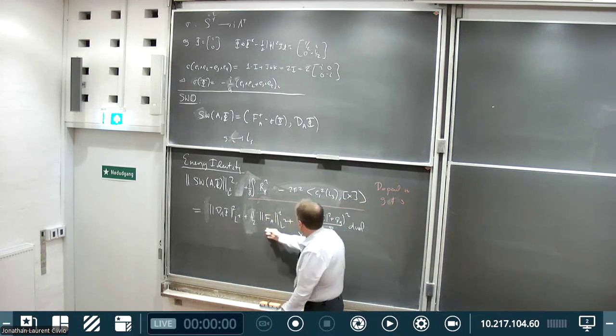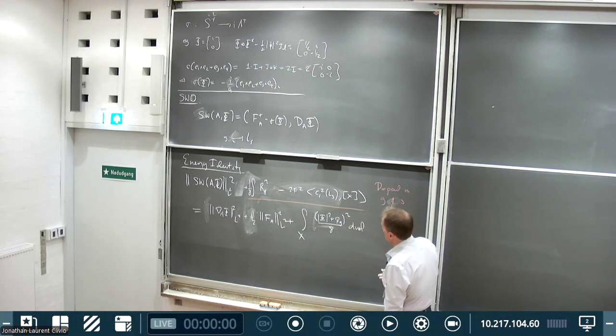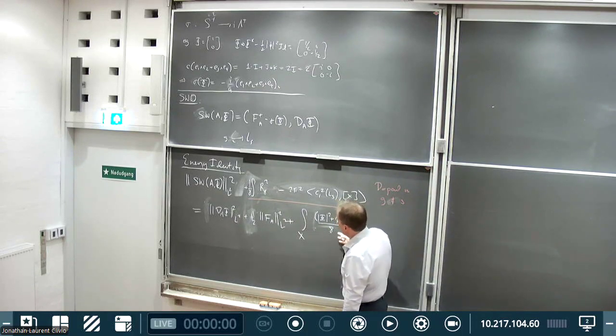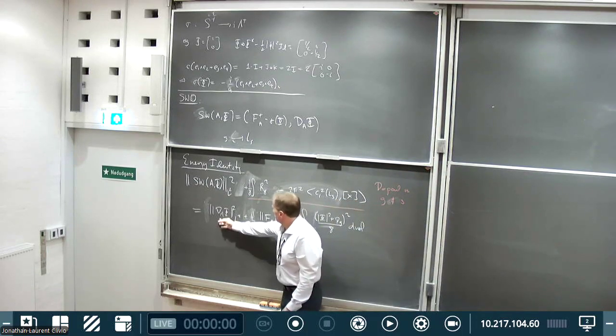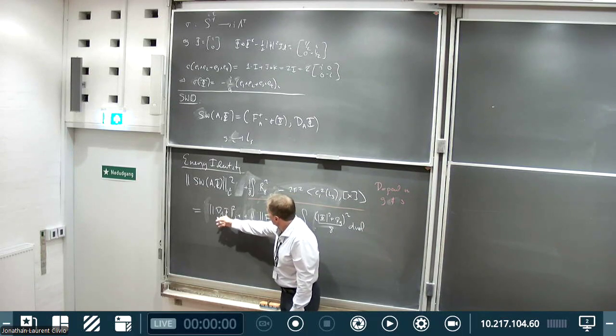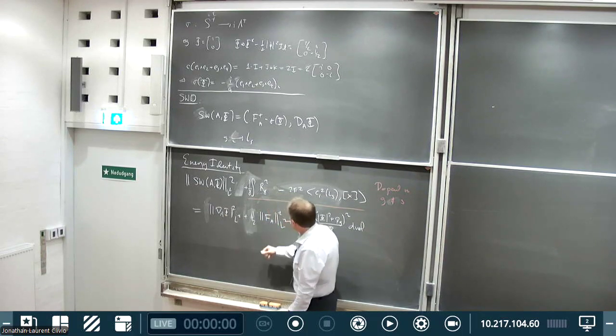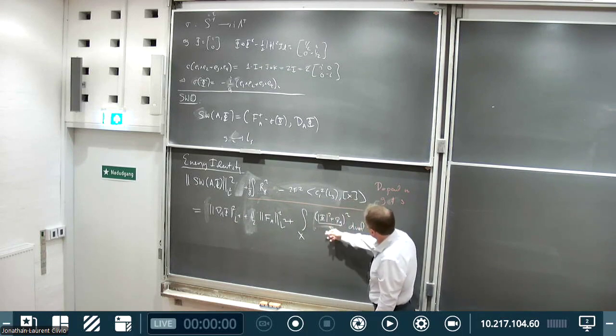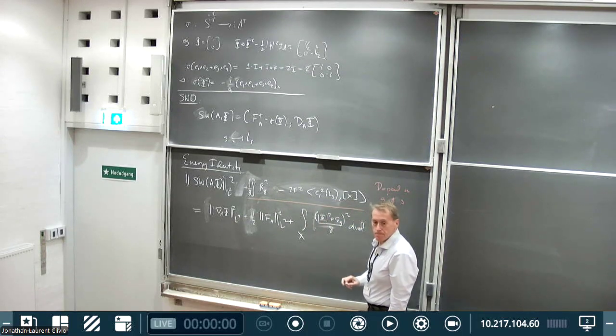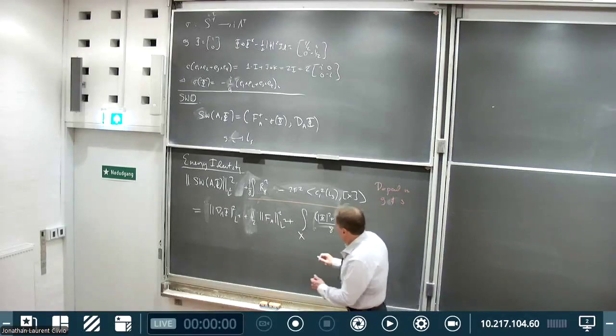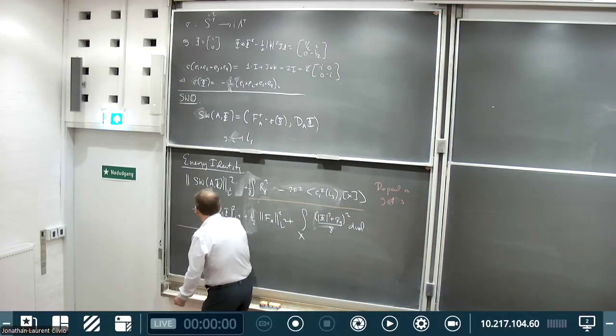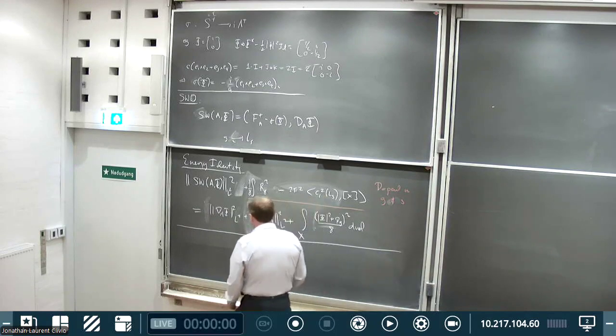And on the right hand side, I get something manifestly non-negative that controls something like the L2 1 norm of phi, the L2 norm of the curvature, and then this thing controls the L4 norm of phi. But we'll come back to that in a minute.